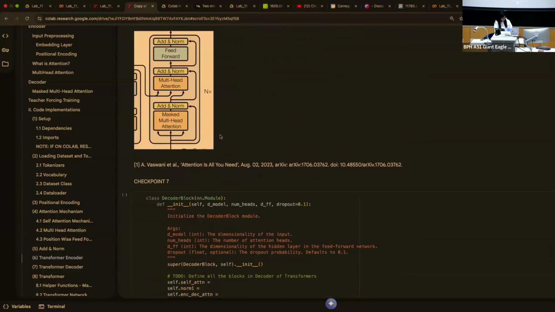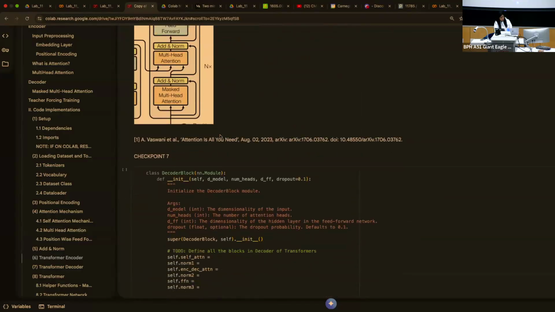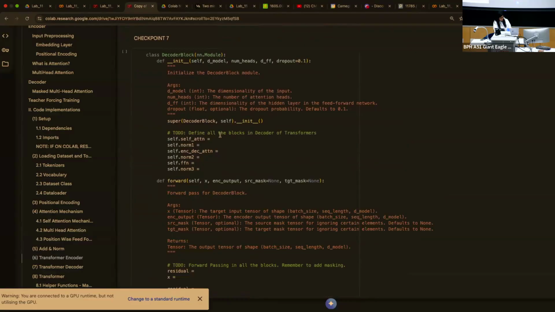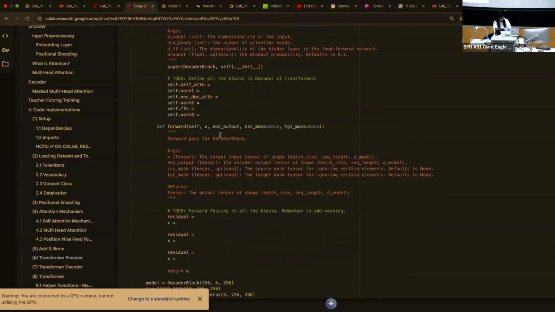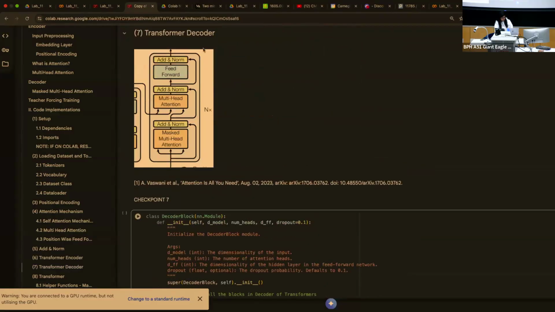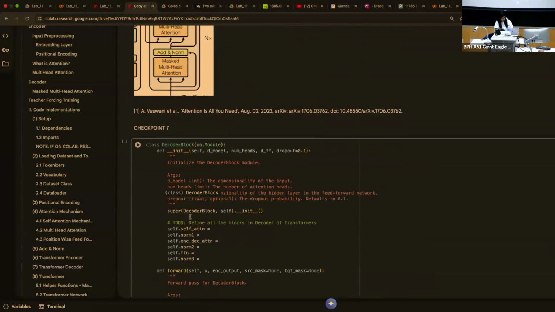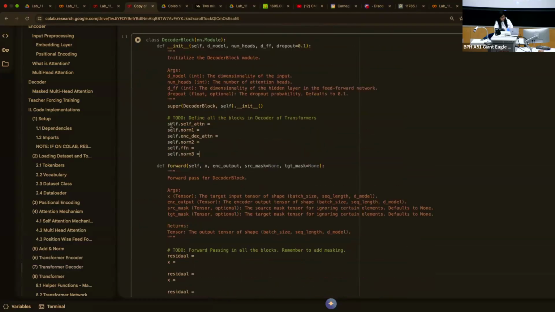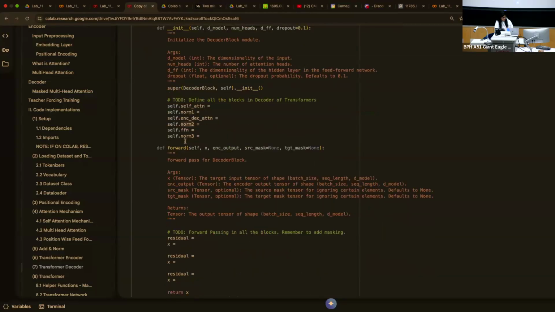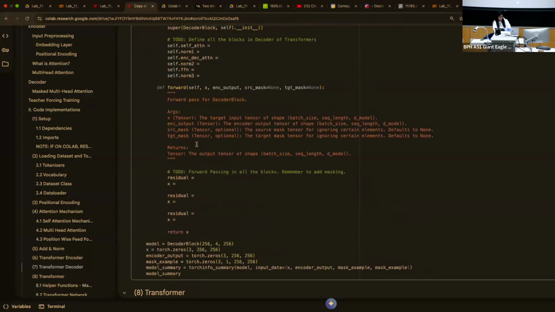Let's move on to the next checkpoint, that is the decoder. So here we also go through the same process. This is how our decoder block looks like, and we initialize the self attention, the MHA block, add a norm, encoder decoder attention, and then these layers again. I will actually leave this for you guys to fill.